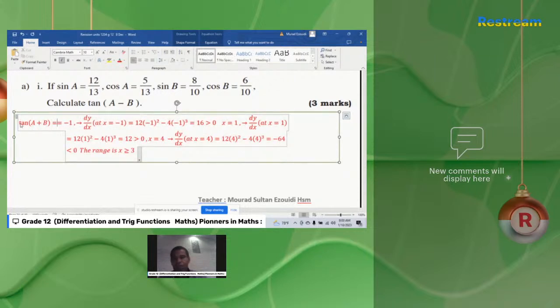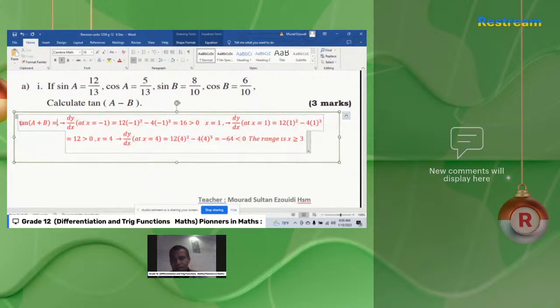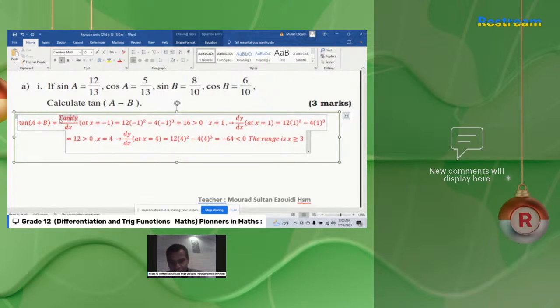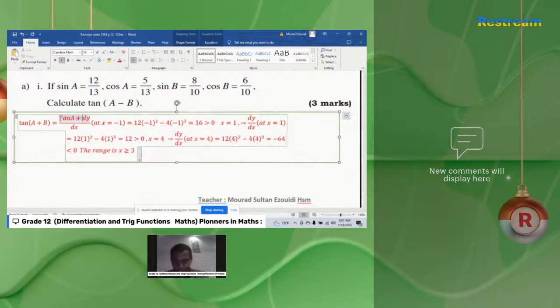It will be equal to tangent of a plus tangent of b, divided by 1 minus the product, tangent of a times tangent of b.